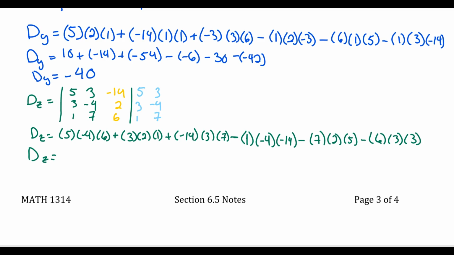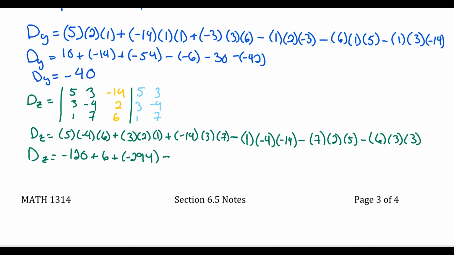So d sub z is equal to 5 times -4 is -20. -20 times 6 is a -120. Plus 3 times 2 is 6 times 1 is 6. Plus -14 times 3 is -42 times a 7 gives me a -294.